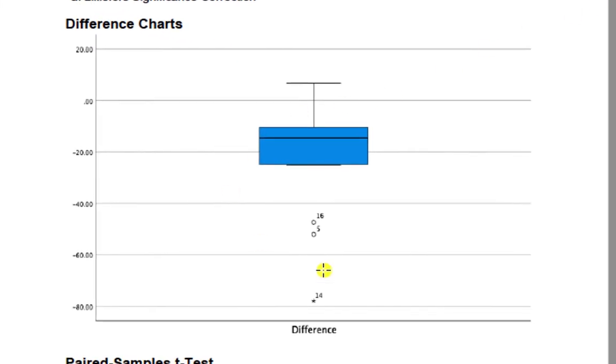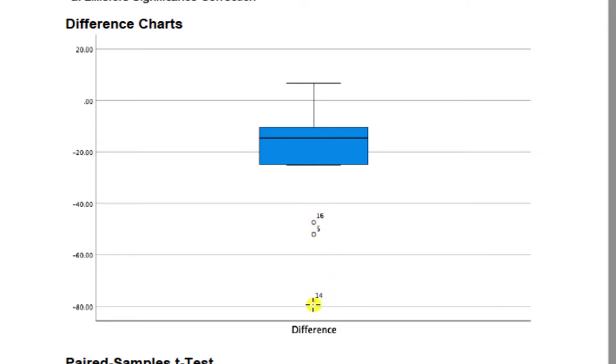So in our box plot, recall that SPSS will give you 2 different types of symbols. If you have a circle identifying an outlier, that is an outlier that is greater than 1.5 times the interquartile range. For our purposes, these are not going to significantly affect the outcomes of the t-test, so we can keep these as not being significant outliers.